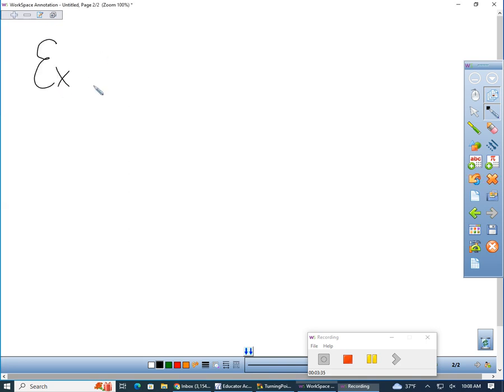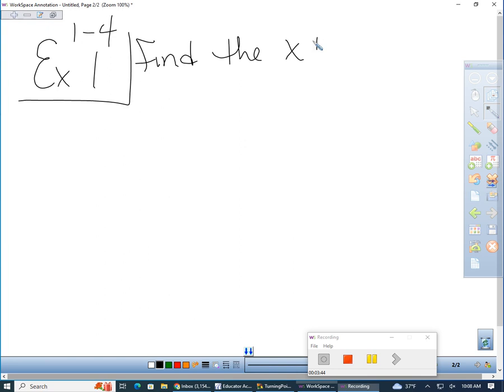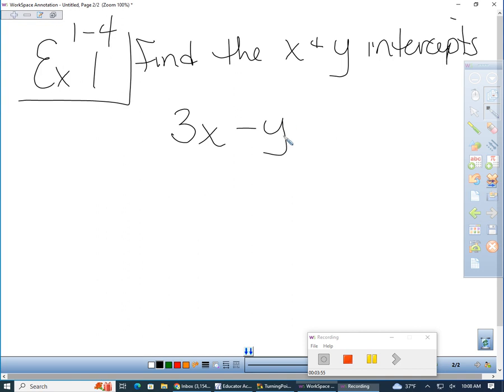Example 1. This is what you are doing on your worksheet for 1 through 4. Find the x and y intercepts. Let's say we have the equation 3x minus y equals 6. So let's find our x-intercept first by plugging in 0 for y.